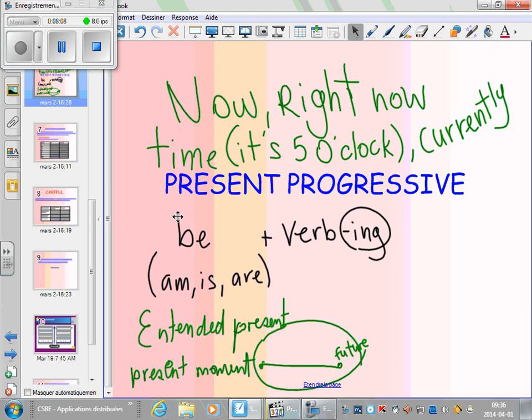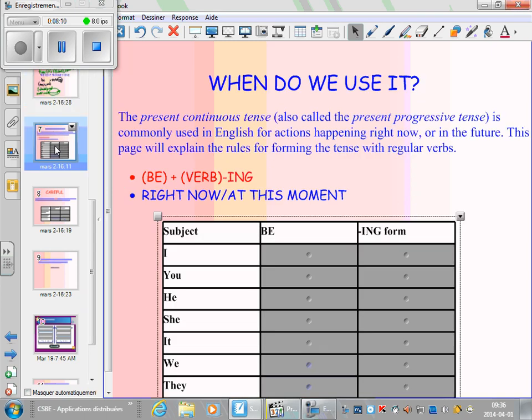Next one. So when do we use it? I just said it, the present continuous tense, also called present progressive, is commonly used in English for actions happening right now or in the future.